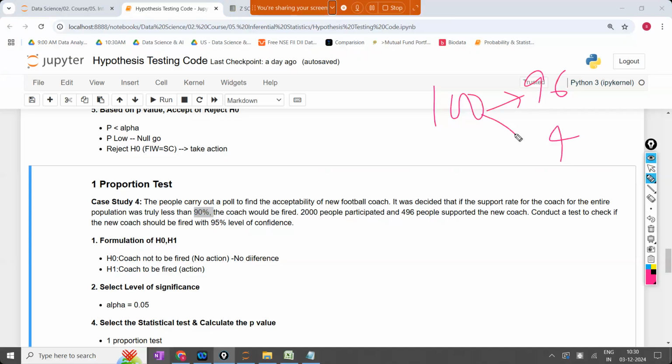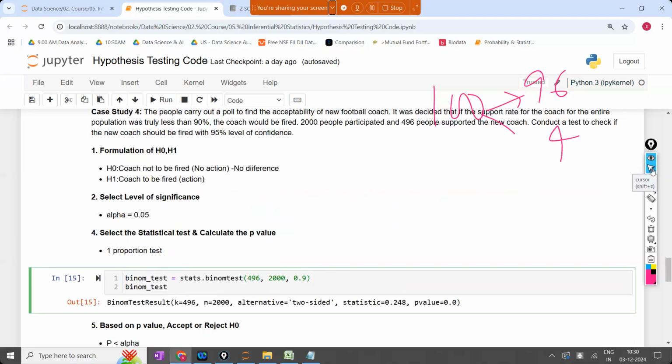For example, if Naresh sir requires at least 70 people to be happy, then I'm going to write here 0.7. So if, for example, this is the case, total 100. Naresh sir wants to check whether SRK has to be continued or not. According to Naresh sir, 90% or 95% of the students should accept.